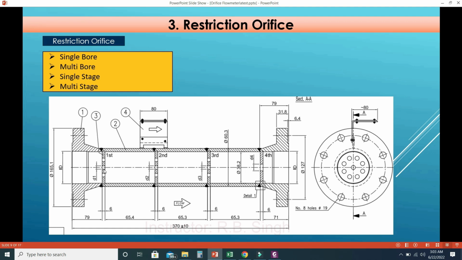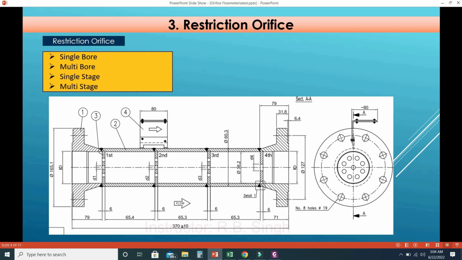The first orifice has multiple bores, the second one also has multiple bores, the third one also has multiple bores, but the fourth one has only one bore. So different kinds of bore and different numbers of orifice plates can be used to achieve the reduced pressure.